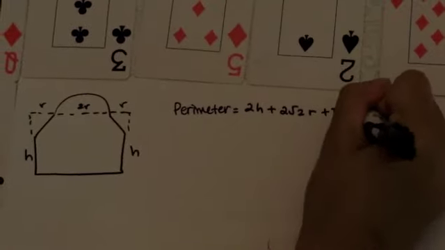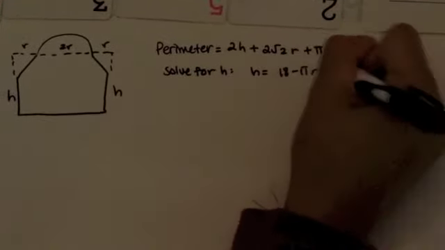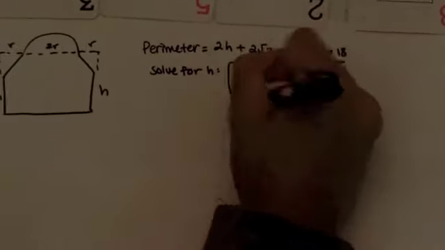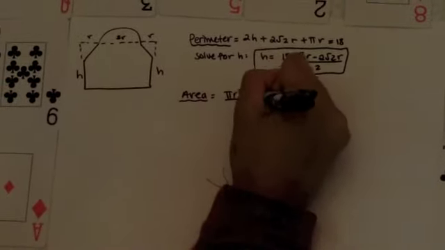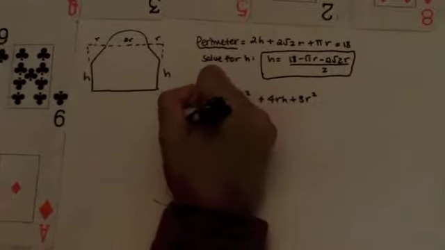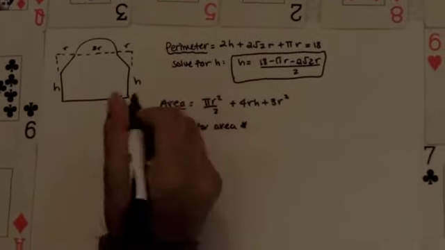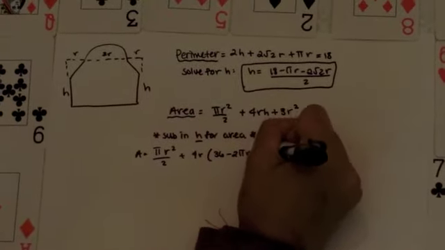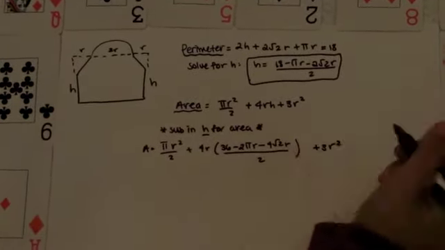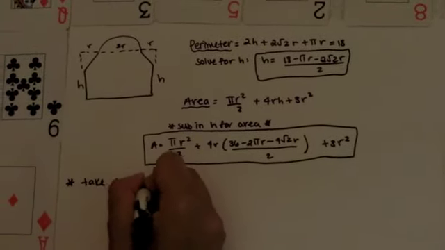We know the constraint of the hoop is 18 meters of wire surrounding the hoop, so we set that equal to the perimeter equation, and then we solve for h. Next, we find the area equation of the hoop. After that, once we found h, we plug that back into the area equation. Next, we take the derivative of the area.